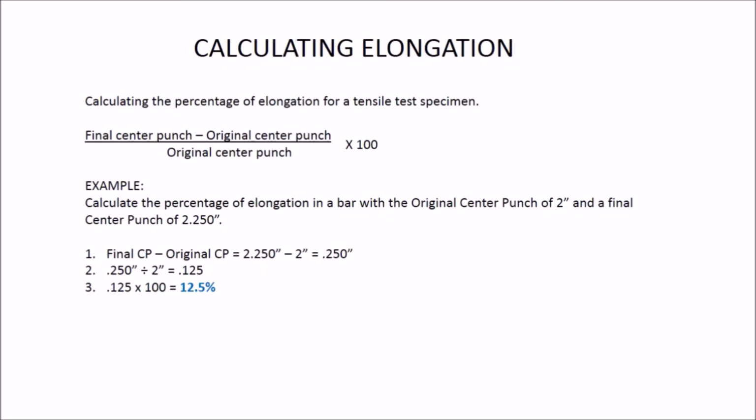The final is 2.250 minus 2 equals 0.250. So then you take 0.250 divided by 2, which equals 0.125. Then you take 0.125 times 100, which equals 12.5%. So that's your elongation.